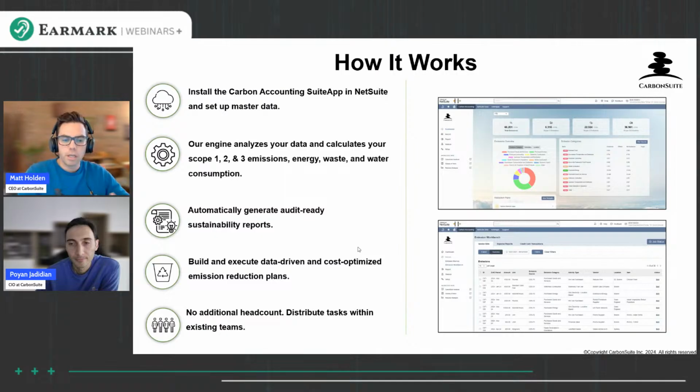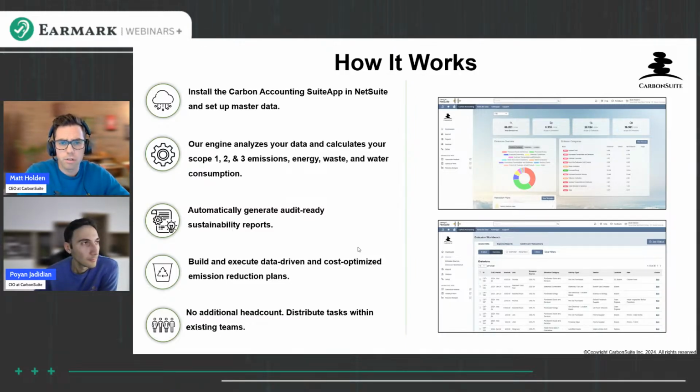Okay, so I'll quickly go through how it works inside of CarbonSuite, and then we'll pivot over and take a quick look at the software itself with the remaining time at a high level. So this is getting a bit more into the technical, how to implement carbon accounting, right? CarbonSuite is right now just focused on the Oracle NetSuite platform.